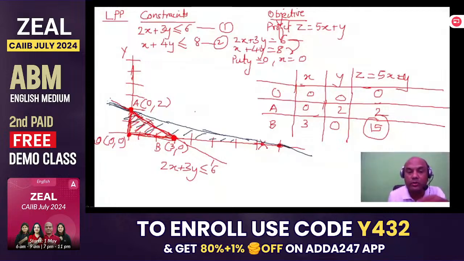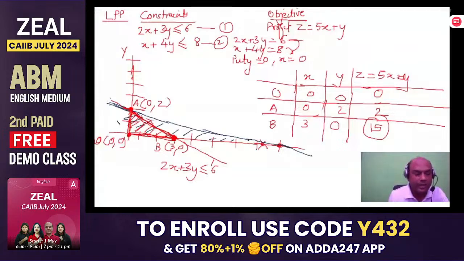What do I mean by this? See, I had shown you that dark line. When I'm taking the Z value on all these 3 points, it means I'm taking this Z line, let me mark it in a different color, black. This is my Z function.